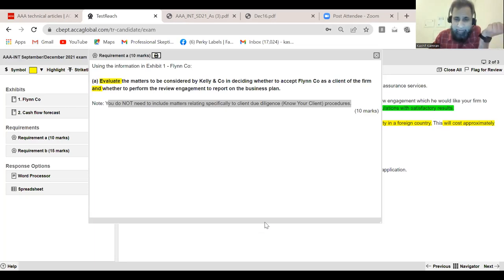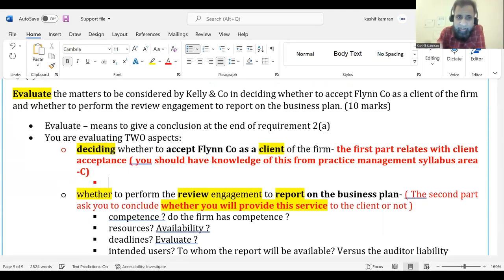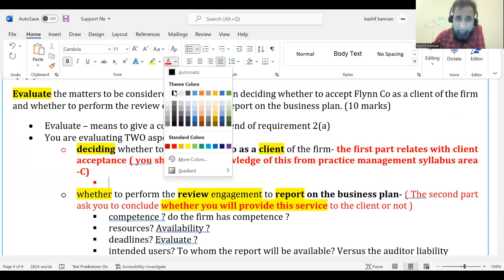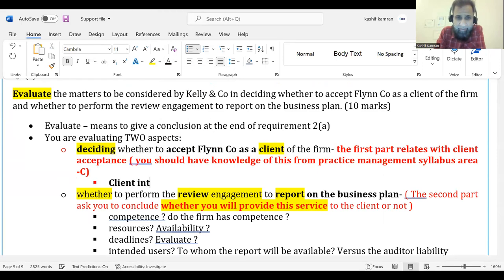So let's move back and go to the support file. Okay, deciding whether to accept Flynn as a client. Now, whenever we are accepting a client, what happens? We look into client integrity issues.